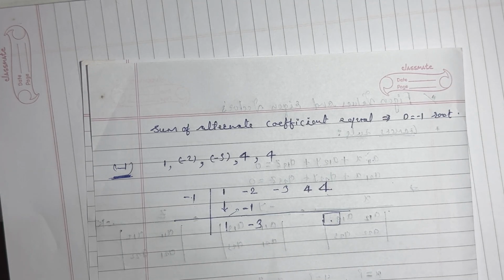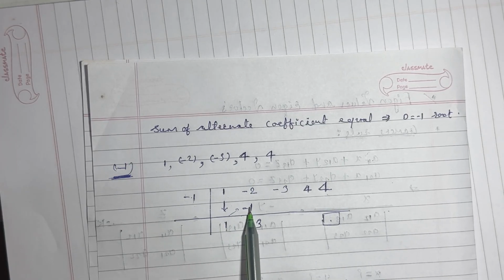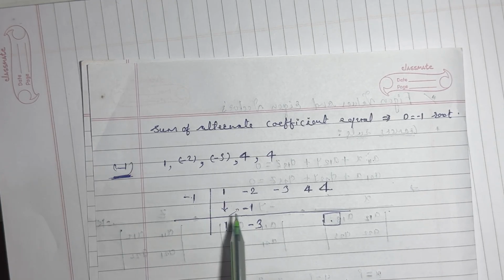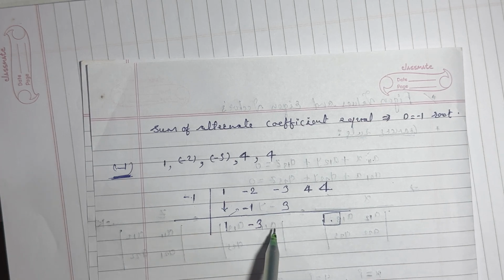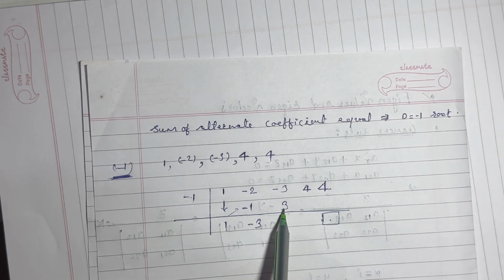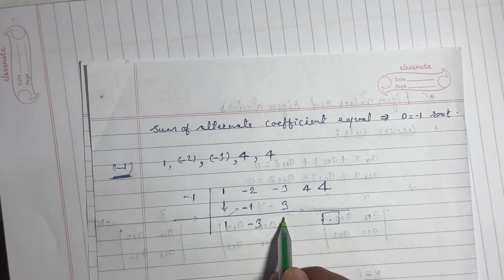I hope you all have understood. Take it down, multiply these two elements, -1 into -3, which is plus 3, and add both of them, which gives us 0.